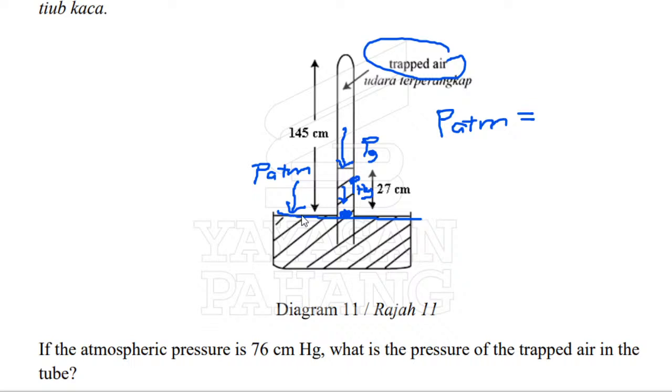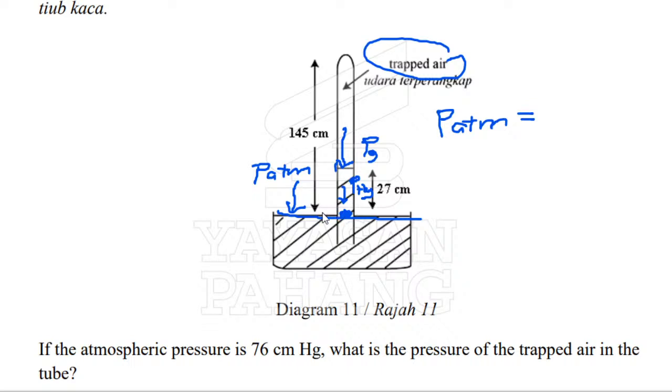And then this level is the same level as this point. And on top of this point, you see mercury, 27 centimeter, and you see trapped air. So mercury, 27 cm, acting on this point, and the gas trapped here also acting on the same point.